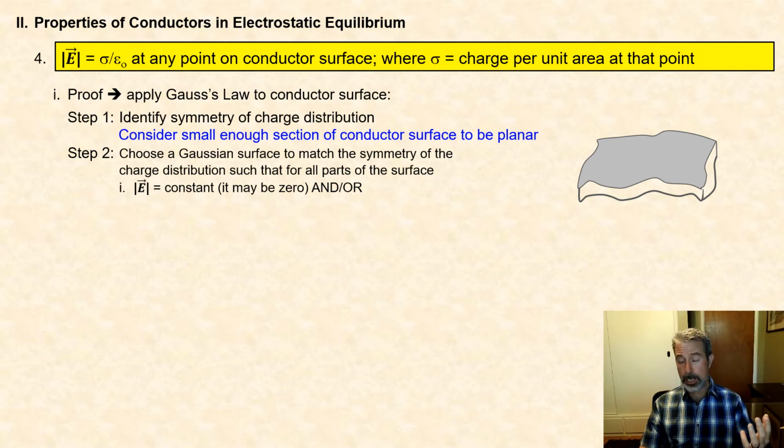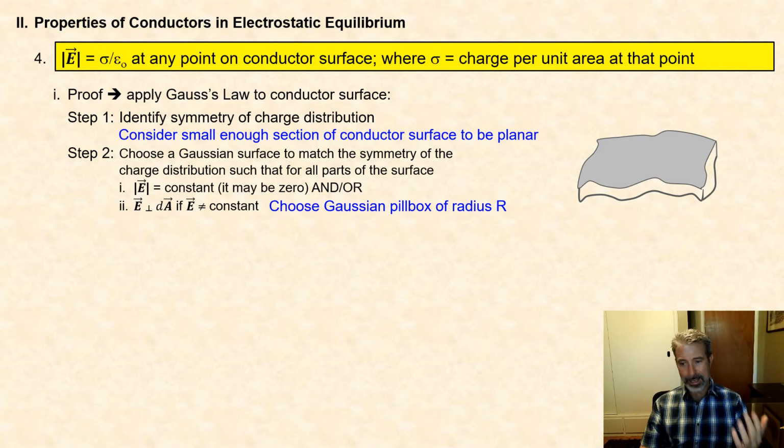By choosing this Gaussian pillbox, these two criteria are met. The magnitude of the electric field will be piecewise constant over that surface, and where the electric field is not constant, it will be perpendicular to the vector dA, such that there is no flux through that part of the surface.